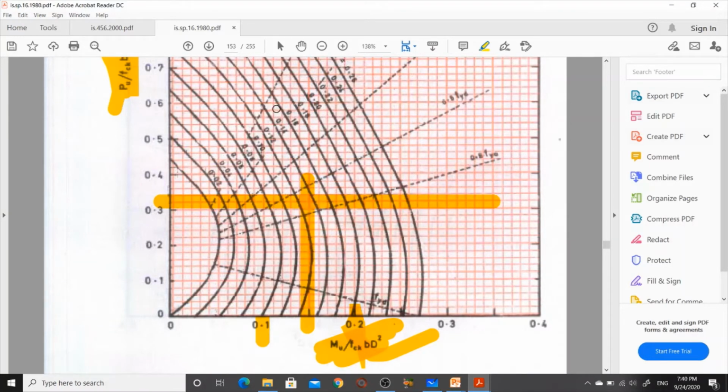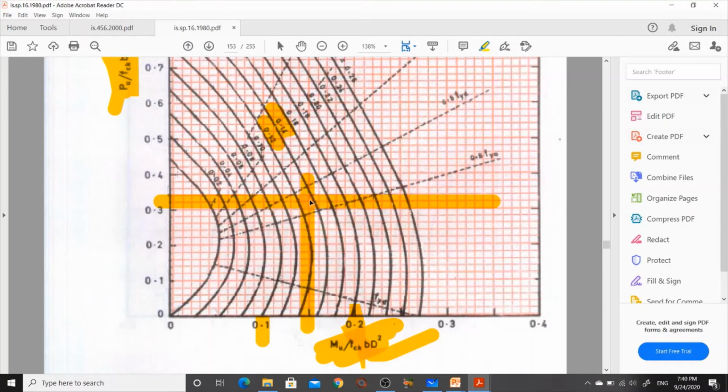But we have to read these curves. This curve gives the p by fck value. Look at the values, 0.14 and 0.12.